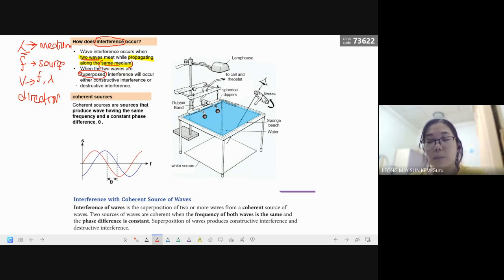Why? Because my voice through the speaker is actually projecting out a sound wave. The school bell or the sound of the plane flying over our school is also another source of sound wave. So if I were to talk at the same time as the bell and the plane passing by, interference will occur.